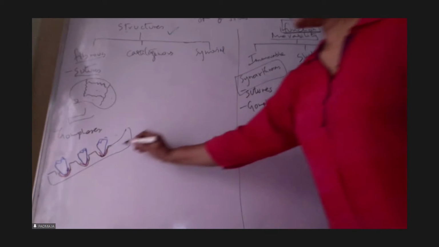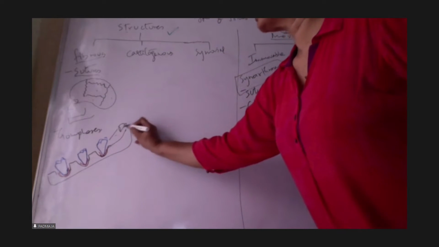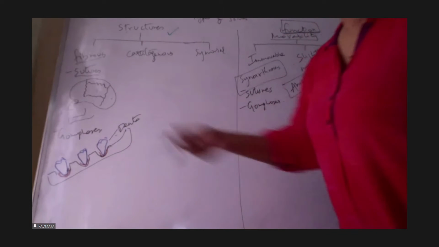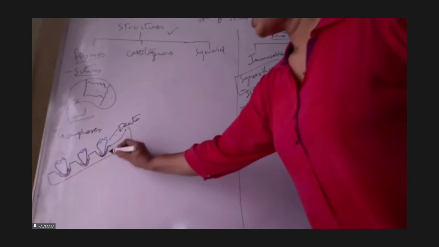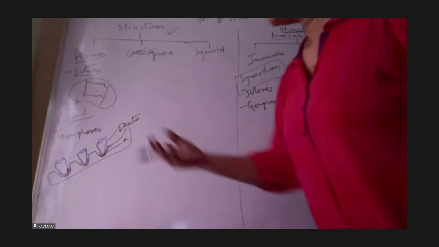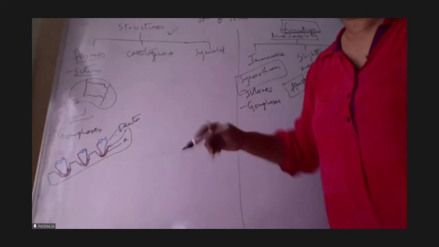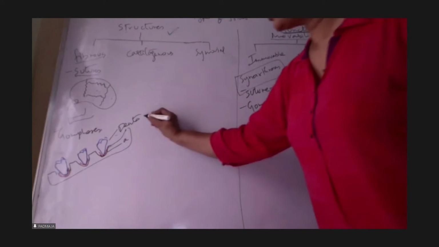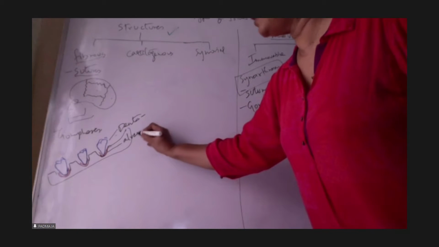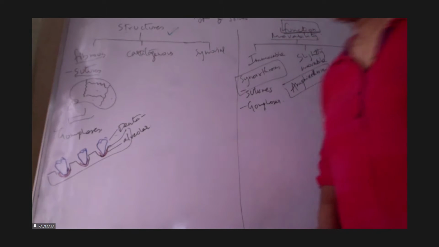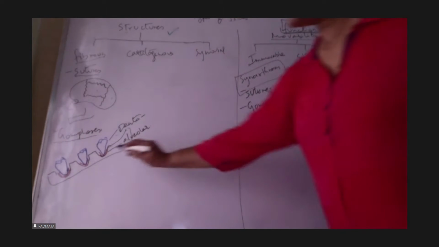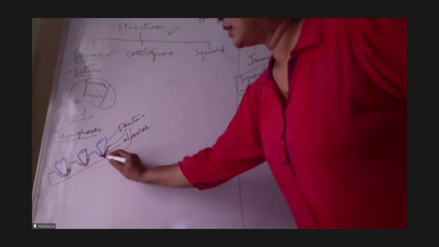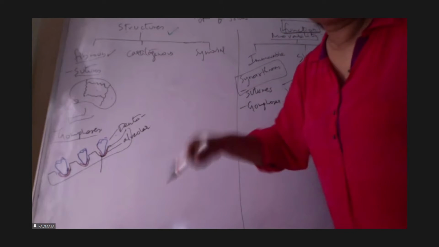So we also call it dento. Dento means related to teeth. Alveolar: any socket is called alveolus, singular form alveolus, plural form alveoli. So dentoalveolar joint, example for gomphosis. What is the fibrous sheath making the tooth attachment firm?